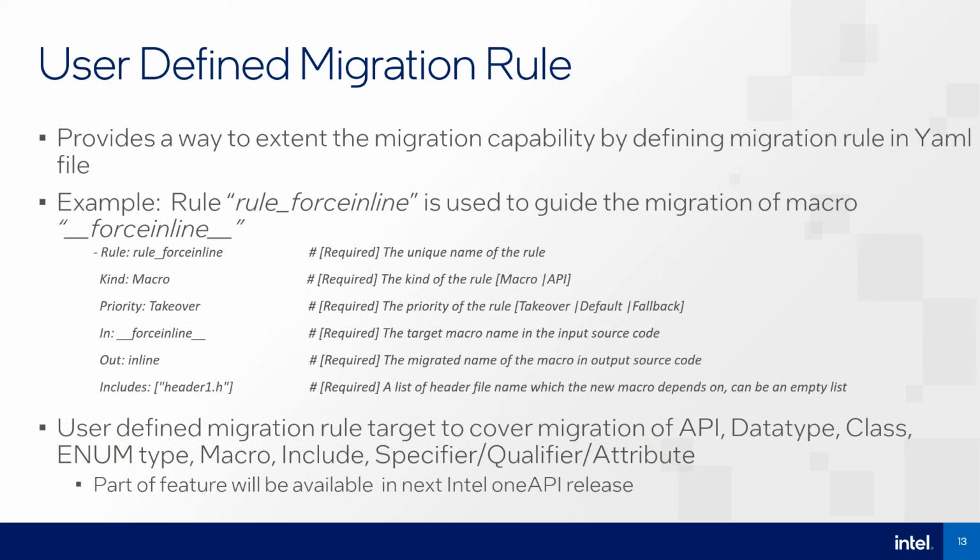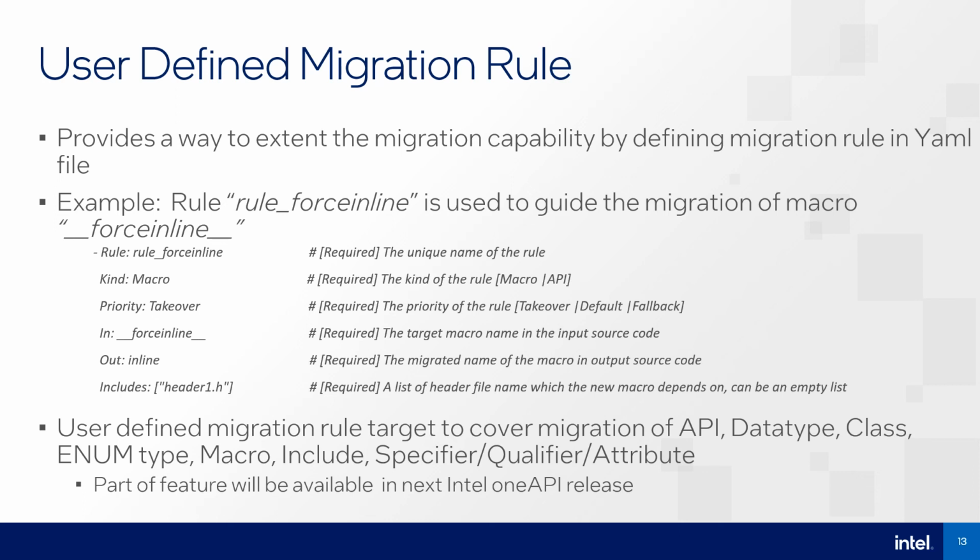This page presents a migration rule feature, the user-defined migration rule. With user-defined migration rules, SYCLomatic can extend the migration capability by defining migration rules in a YAML file. For example, the rule in the first line here is a macro migration rule. It is defined in YAML. It can be loaded by SYCLomatic.